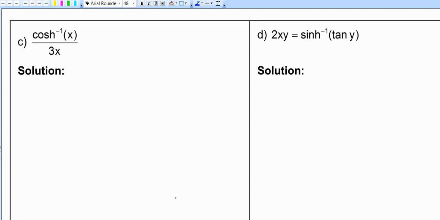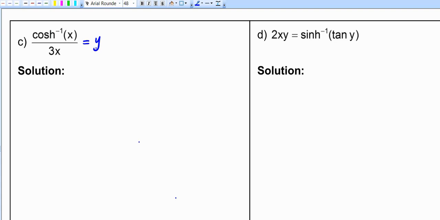The question wants us to differentiate inverse hyperbolic cos x over 3x. This question is missing y, so you just need to add y equals. Your first step is to identify whether we need to apply the product rule or the quotient rule.